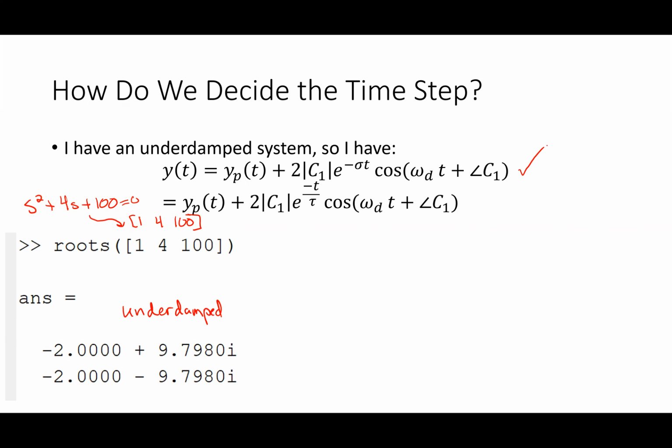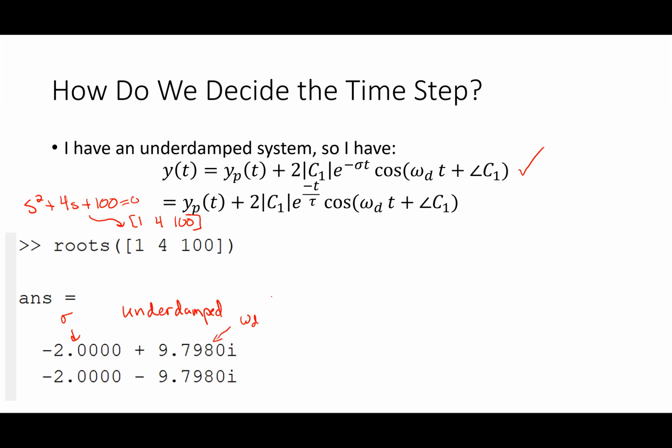I wouldn't challenge you to remember the formula. I just went back and wrote the formula down. So I have this decaying cosine term. The decay is controlled by this e to the negative sigma t, where this real part is my sigma, and this imaginary part is my omega d.